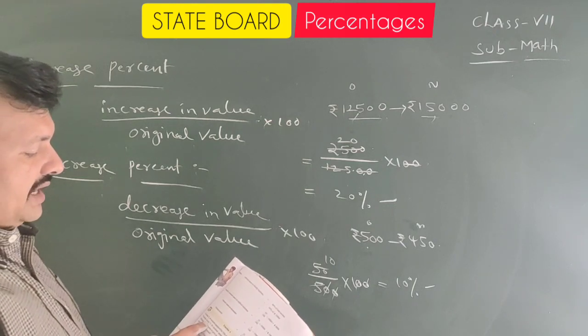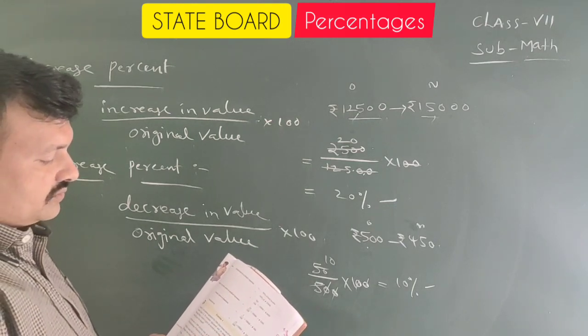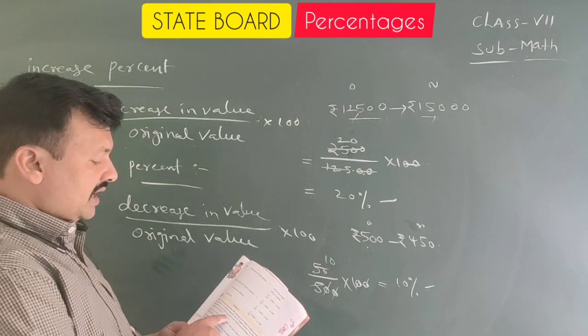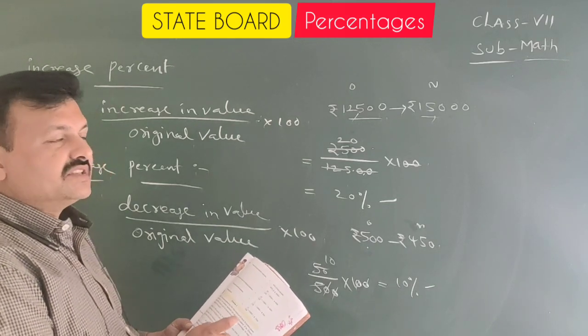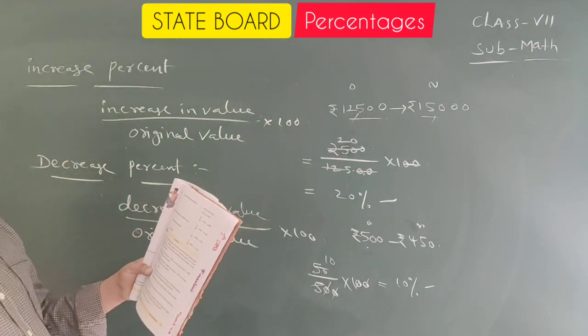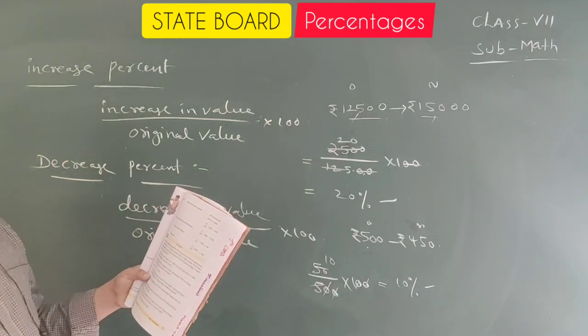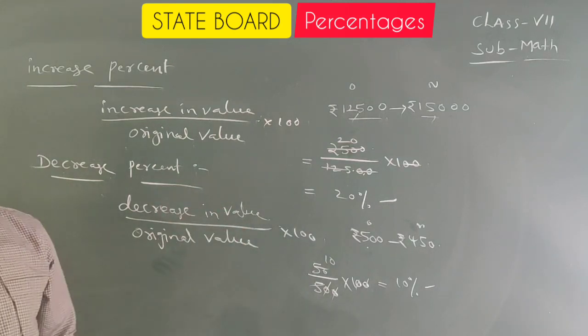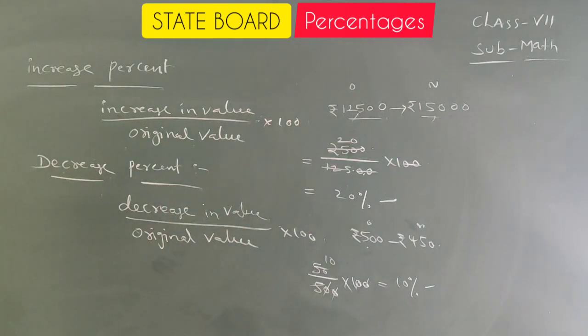In another school Y, 30 students appeared and 24 passed. If the district education officer wants to give an award on the basis of pass percent, here 36 by 48 into 100 is the first problem, and the second is 24 by 30 into 100. Which value is more gets the award.